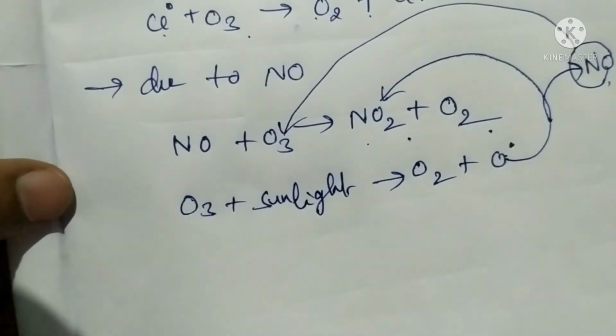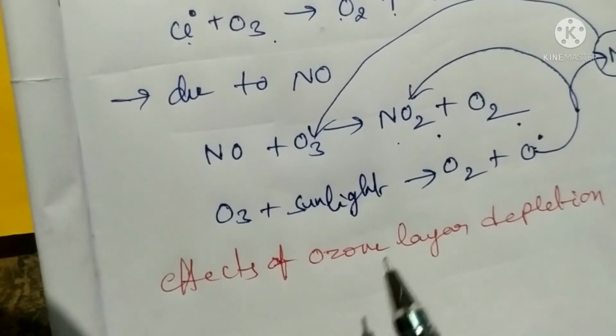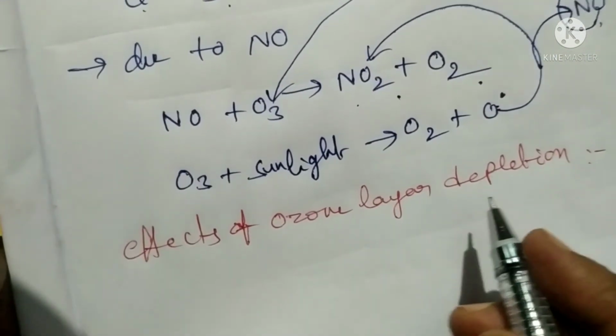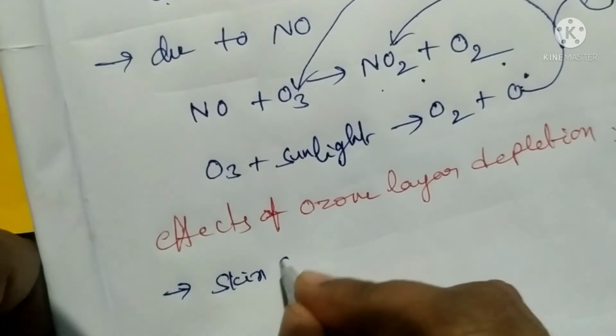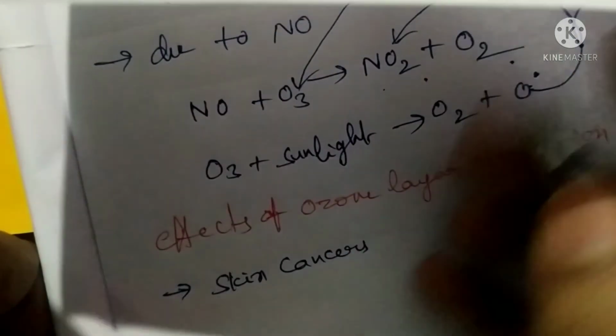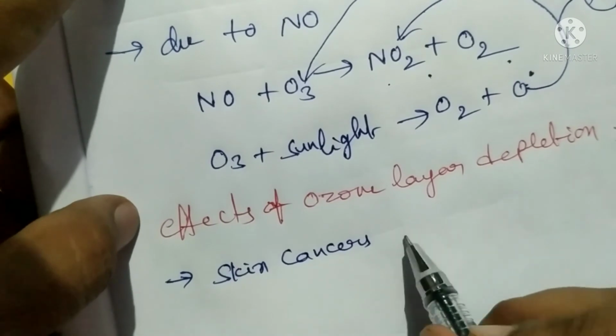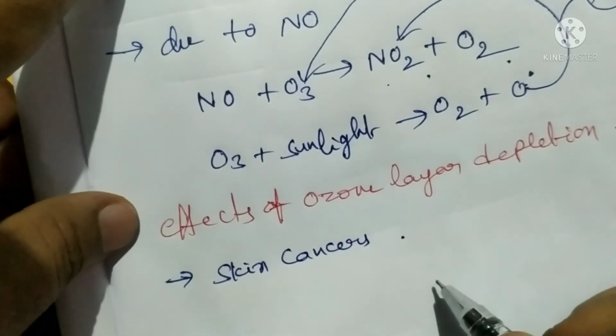Now, what are the effects of ozone layer depletion? Mainly, skin cancers arise due to the entering of UV rays into the atmosphere.